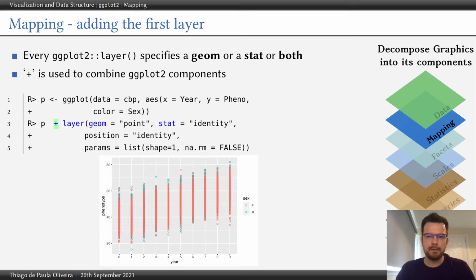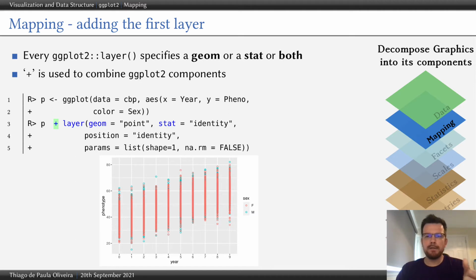In this particular case, we have shape equal to 1, and we are not removing missing data. We are using shape equal to 1 because we want dots without fill.